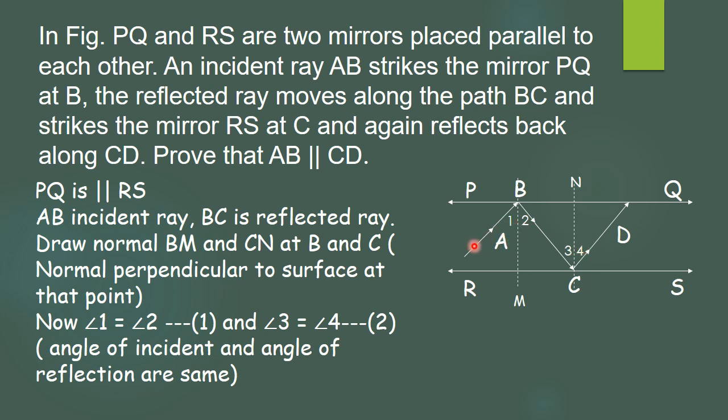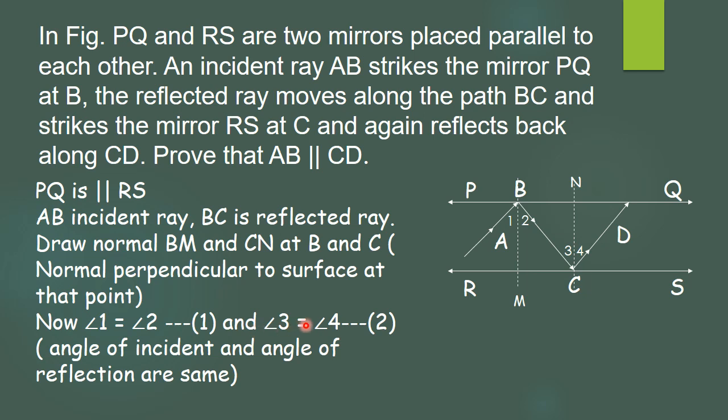Now when we consider AB as an incident ray, BC becomes a reflected ray and BM becomes a normal. Angle 1 will be equal to angle 2, as the angle of incidence and angle of reflection are always the same. In this case, BC is an incident ray, CD is a reflected ray and CN is a normal. So again we get angle 3 is equal to angle 4. So first we get angle 1 is equal to angle 2, which we'll call number 1.